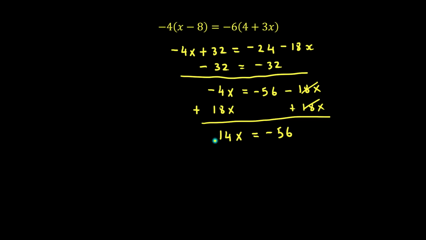Then I would divide both sides by the coefficient in front of the x, which is 14, and that would leave me with just x, as this 14 and that 14 would cancel. Now negative 56 divided by 14 would give me negative 4. That would be my final answer.